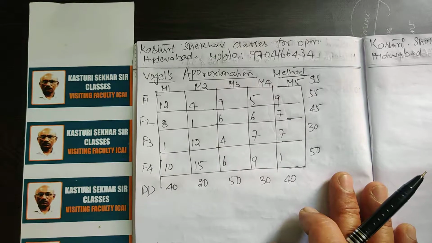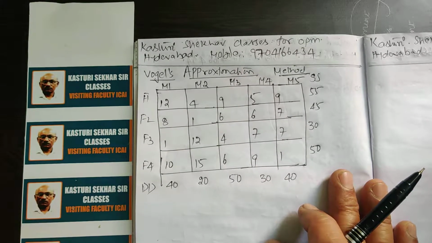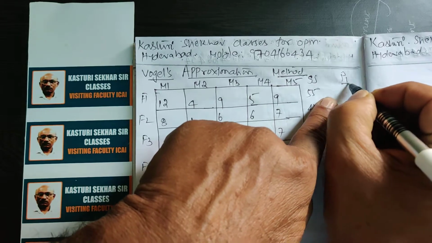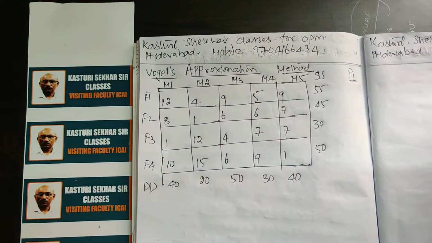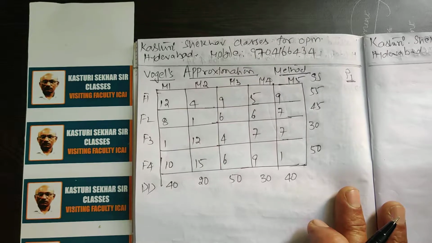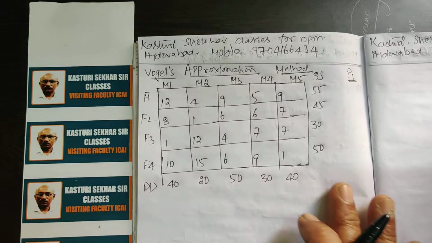Okay, so first let us calculate penalty, then I'll tell you what it actually means and why we are calculating penalties. Penalties are calculated row wise as well as column wise.